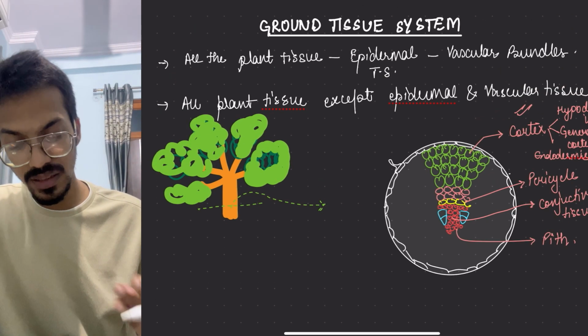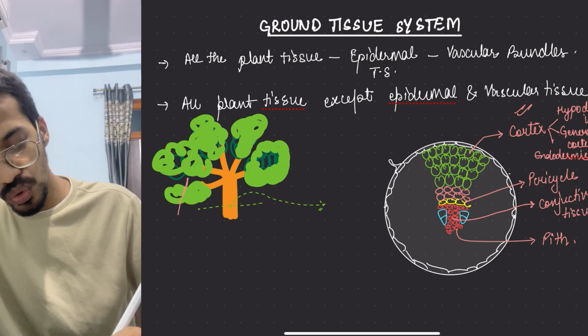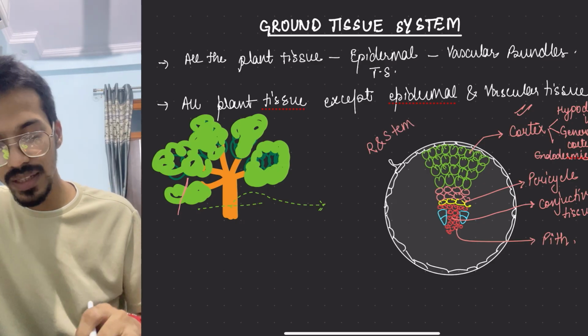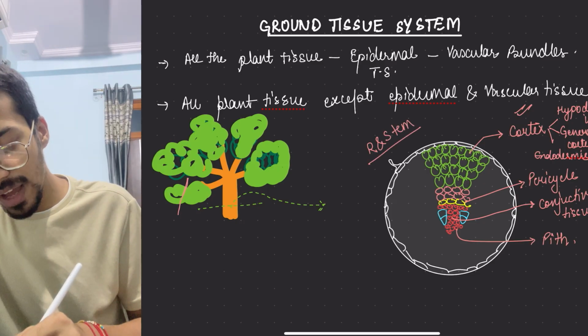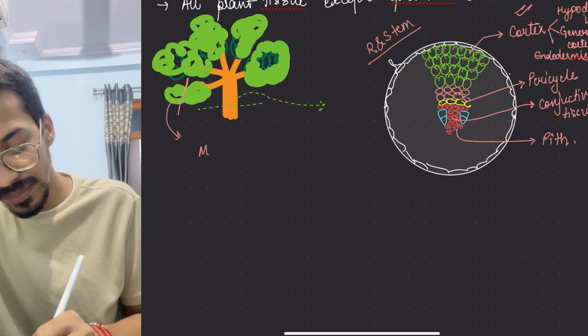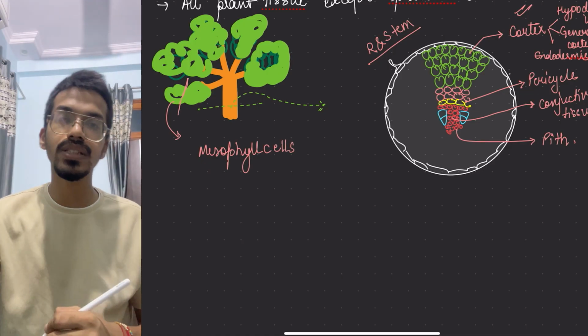Now this is what is present over here for the root and stem, but what about the leaf part? In the leaf we have cells like mesophyll cells, which represent the ground tissue.